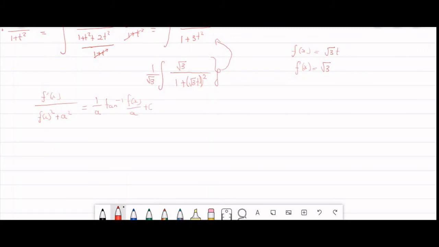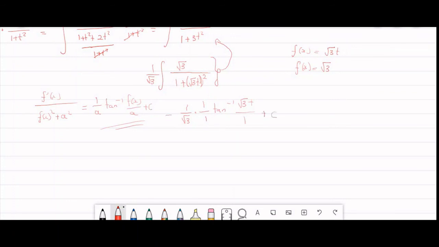So we're going to apply this. So if you apply this, we'll say 1 over a square root of 3 multiplied by 1 over, our a in this case is 1, tan inverse, our f at x is square root 3t over, our a is 1 plus c.